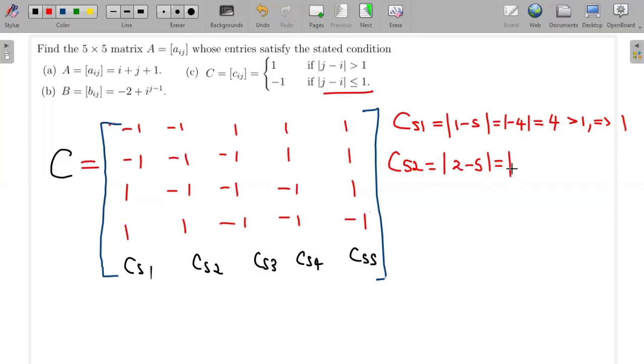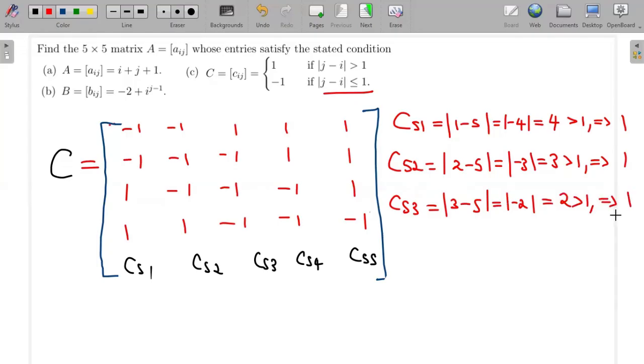So this will be the modulus of minus 3, which is 3, greater than 1. So this will just be 1. C53 will be equals to 3 minus 5, which will be the modulus of minus 2, which is 2, greater than 1. So the answer there is just 1.